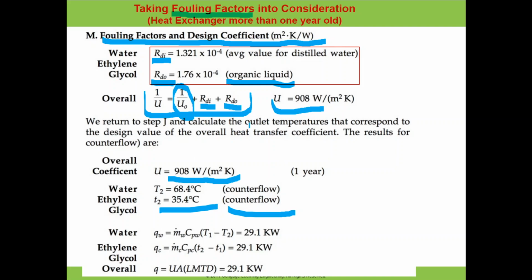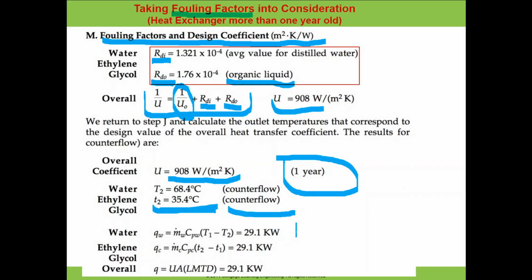So when do we take the fouling resistance into account? The fouling resistance should be taken into account when your heat exchanger is 1 year or more old. If your heat exchanger is older than 1 year, then you need to take into account the fouling factor or fouling resistances. This is the temperature after you take into account your fouling resistance, and this is for counterflow.